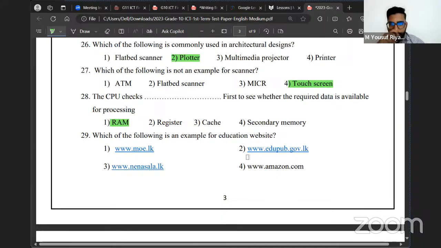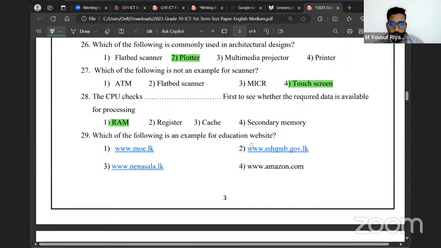So if the CPU is checking if the data is available for processing, it should check the RAM. If it's available from the RAM, it will be taken to the register and given to, let's say, the ALU. After the ALU is done, it will come back to the register and be given back to the RAM. So RAM is going to be the answer there.